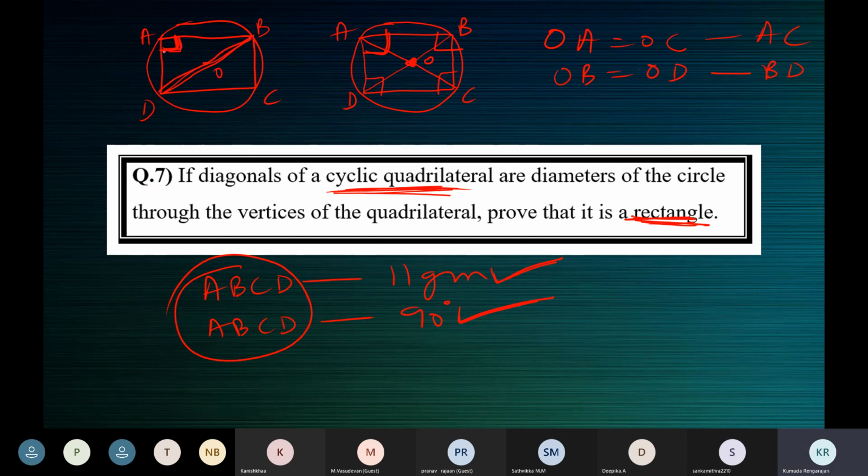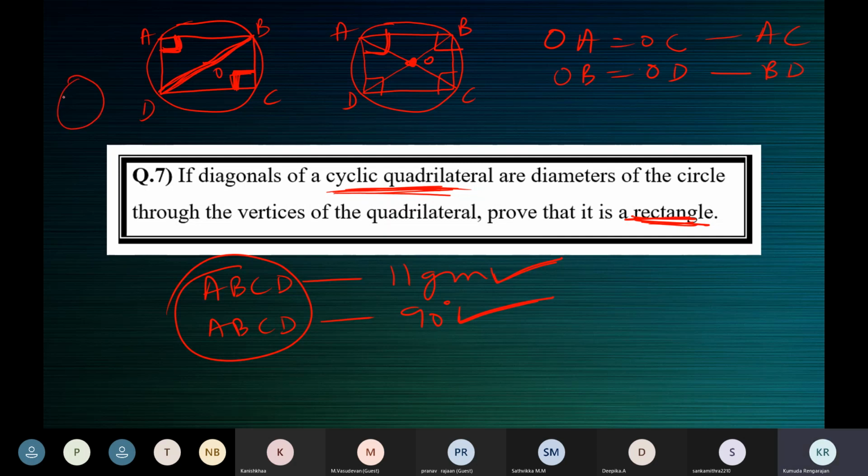So then this angle will be 90 degrees. Angle in a semicircle is a right angle. Or this angle is 90 degrees. Again, BD is the diameter. So this angle is a right angle. Angle in a semicircle is a right angle.